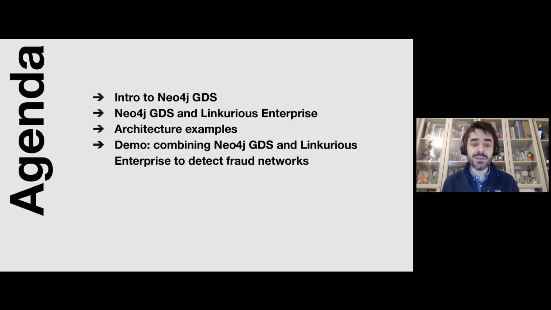Afterwards, we'll talk a little bit about concrete architecture examples of that integration, what combining Neo4j GDS and Linkurious Enterprise looks like in practice. And then, and I guess that's really the meat of today's webinar, we'll do a demo and Bernard will showcase how combining Neo4j GDS and Linkurious Enterprise can be used to detect fraud networks. So that's it for today's agenda, and without further ado, let's get started.